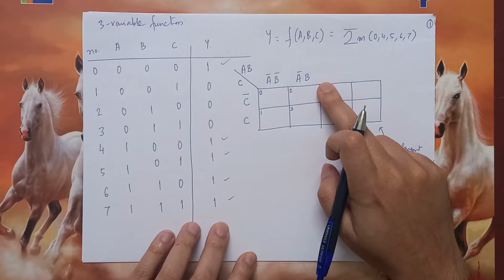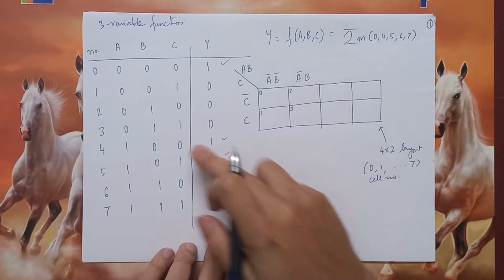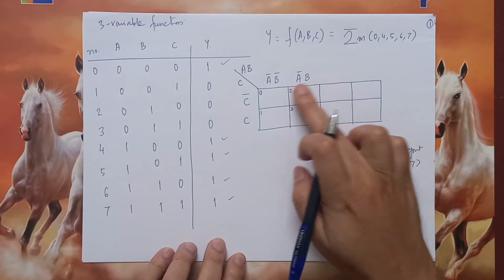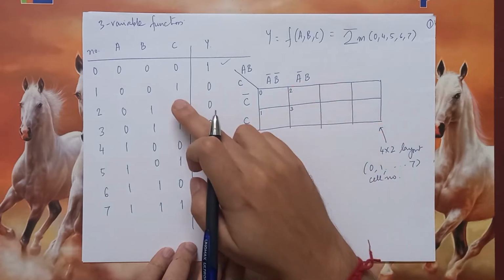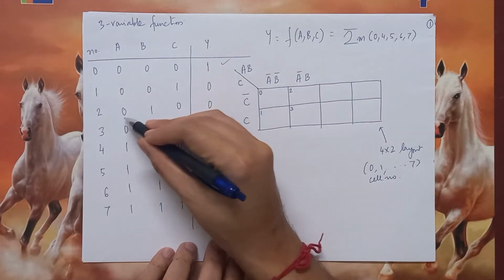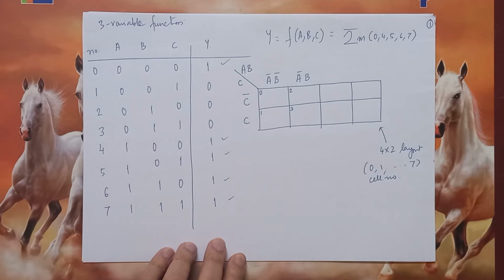Will it be 4? Well, logic tells me, let us say we'll try to name it as 4. But then we have to see, can 2 and 4 be neighbors? But 2 and 4 cannot be neighbors, because 2 is 0, 1, 0, 4 is 1, 0, 0. So they are differing by 2 bit positions.